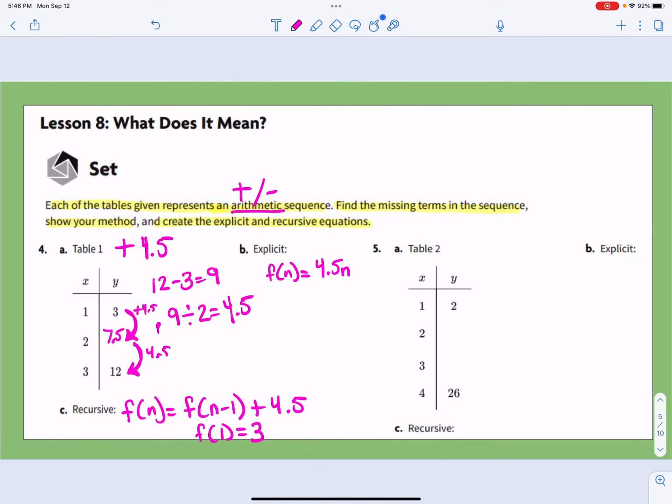And the way we can find the starting point here is we could subtract 4.5. And so if you do 4.5 minus 3, we get 1.5, and we know we started at a positive, so we're going to end up with a negative. So we'll subtract 1.5 for our explicit formula there. Okay, so that's number 4.